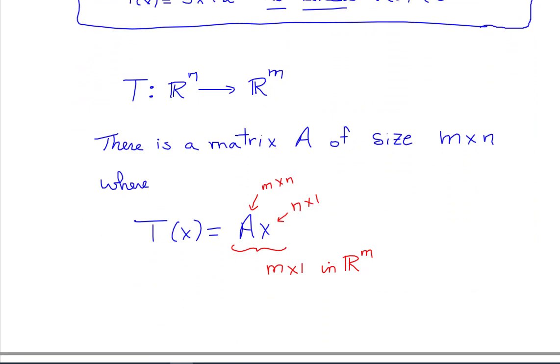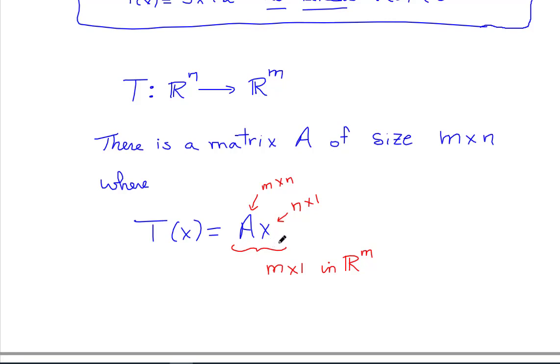So if T is my transformation from Rn into Rm, there is a matrix A of size m by n where I can define T of x, for x in the domain Rn, as matrix A multiplied by that particular x.